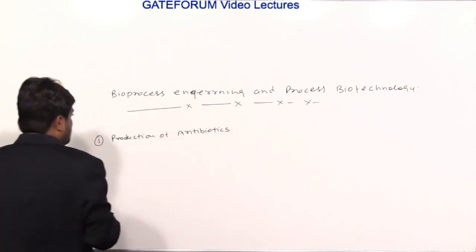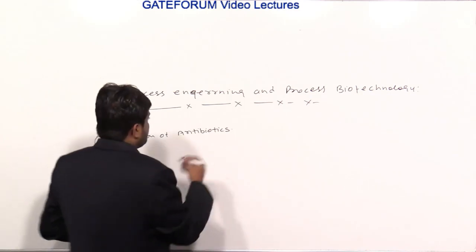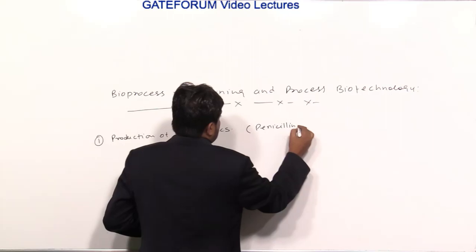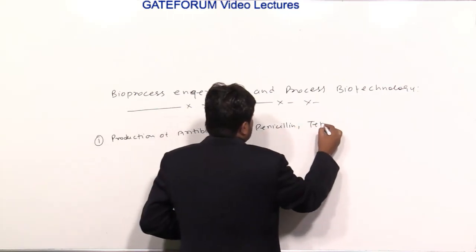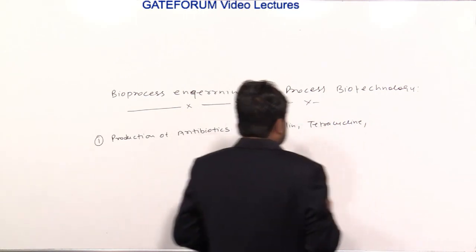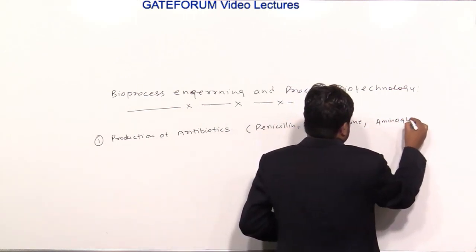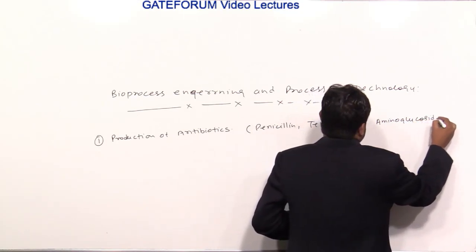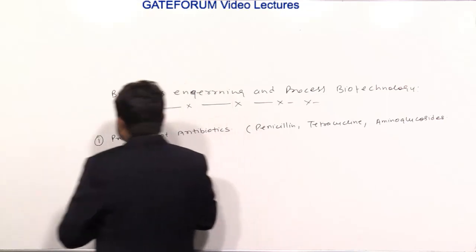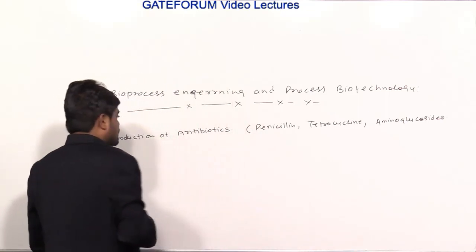In the production of antibiotics, I am going to explain mainly the penicillin, the tetracycline and the aminoglycosides antibiotic.